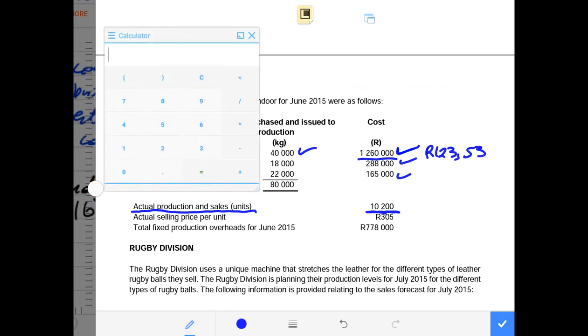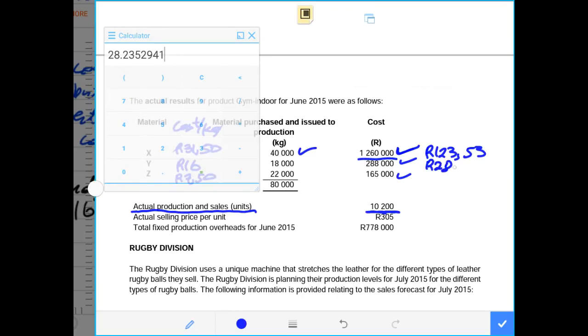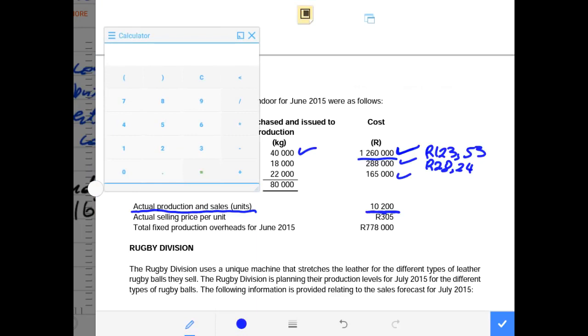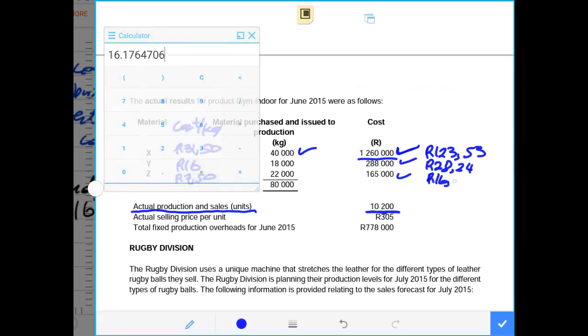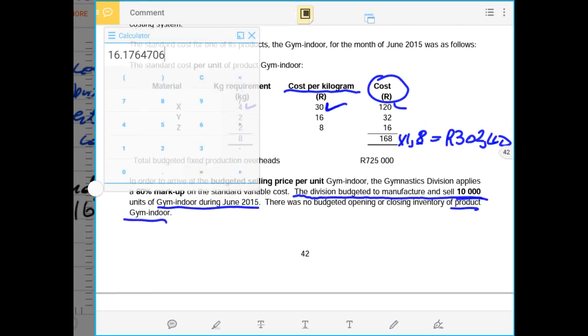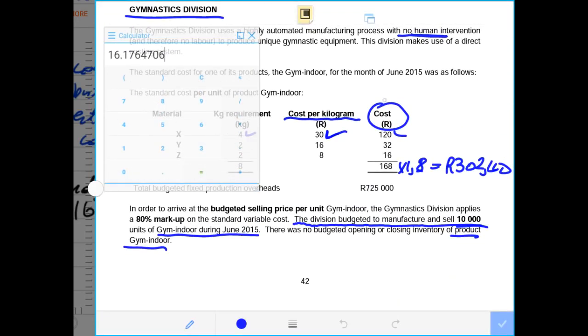Then I can say 288,000 divided by 10,200, which gives me a cost per unit of 28 rand 24 cents. Then 165,000 divided by 10,200 gives me 16 rand 18 cents. So if I'm using the cost per unit, I can compare this with the standard cost per unit of 120 rand.